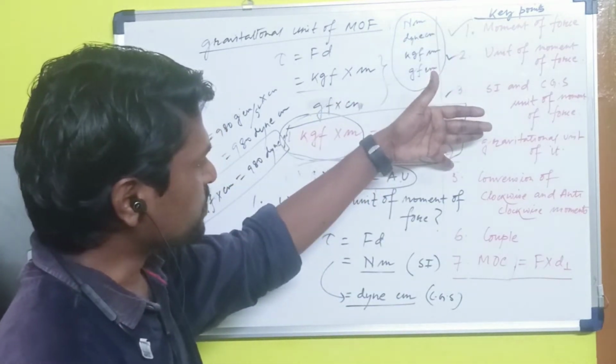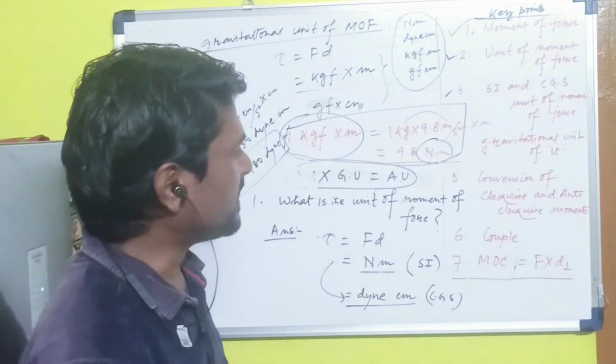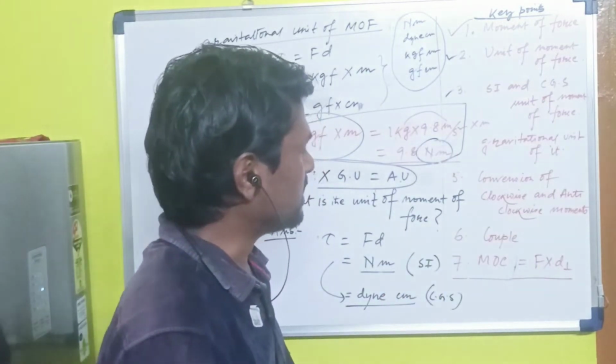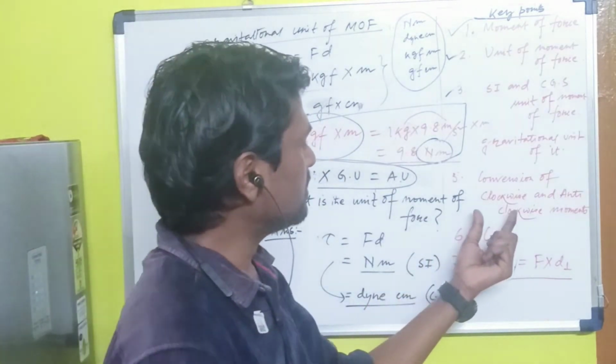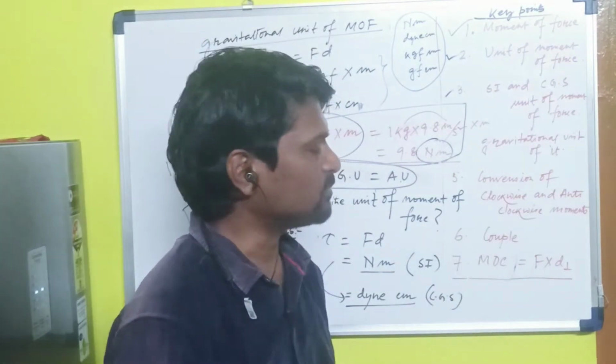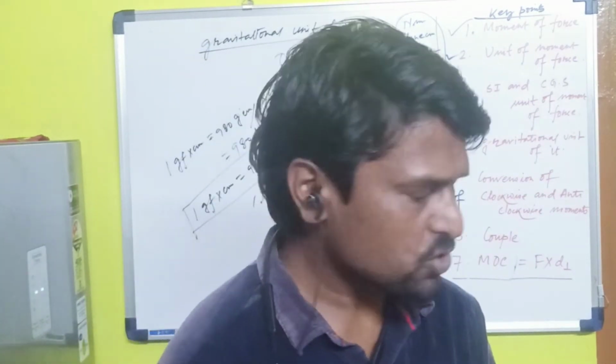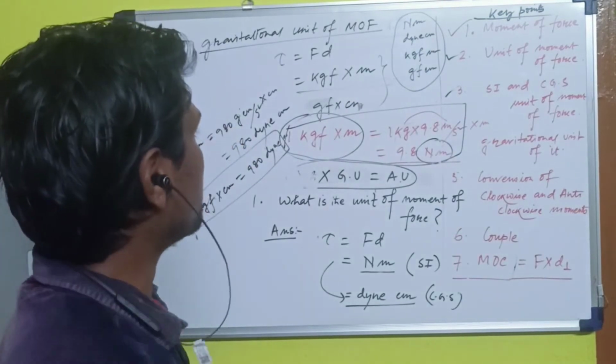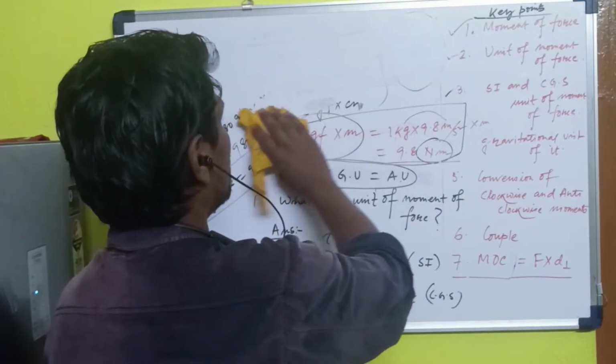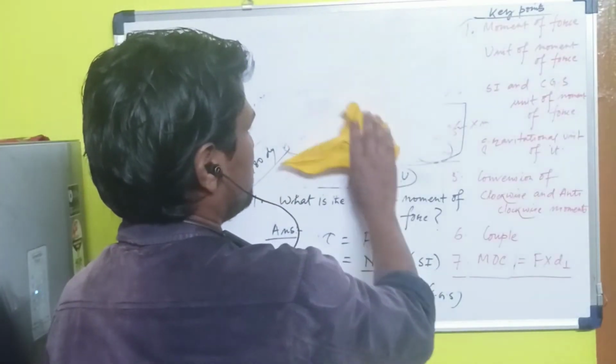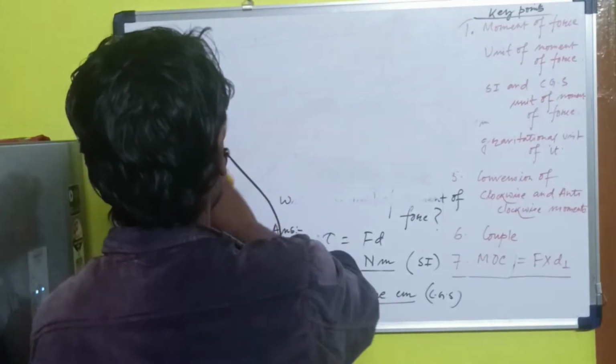And the next one is 5. That is, what is the convention of clockwise and anti-clockwise movements? So the next topic is the convention of the moments. Moment is a vector quantity.